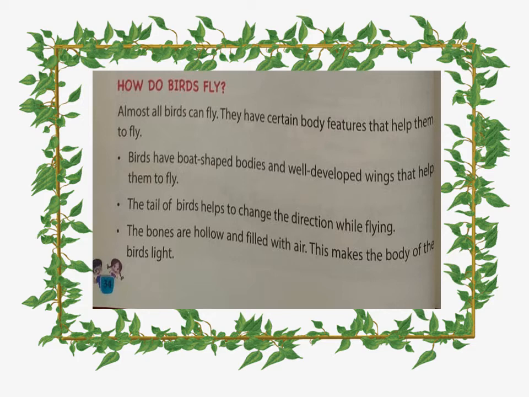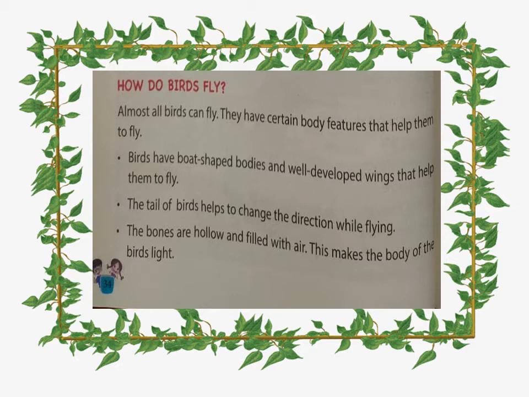You also saw the fish. This shape is called a boat shaped body, or in other words a streamline shape. This is very helpful to fly. Everything which can fly, swim in the water, or float on the water has this shape. Boat, aeroplane, like this.